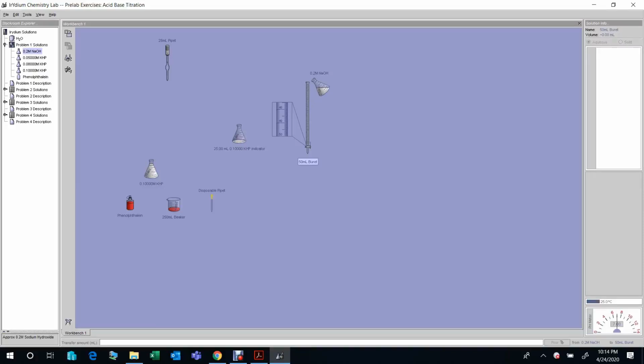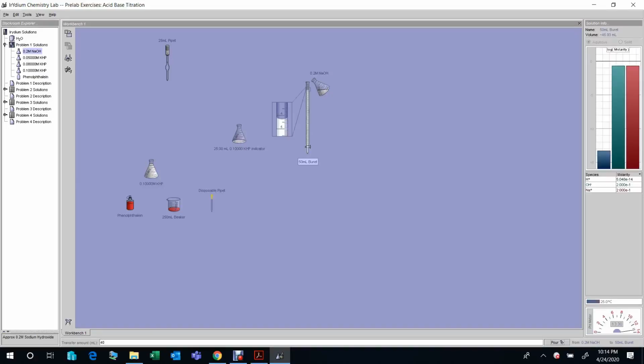We just put 40. We don't put 40.00 because for this kind of transfer, we cannot reach that accuracy. We put 40 because that is the accuracy our hand can reach when we do this kind of transfer.